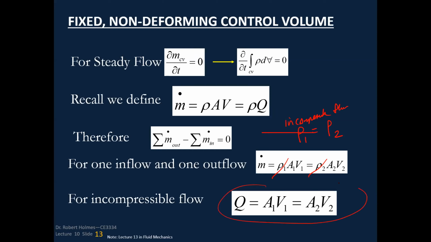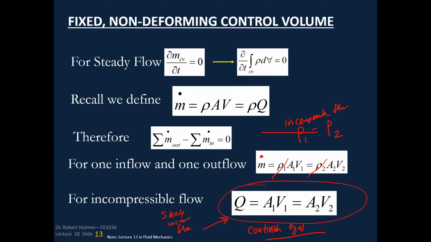And so we know that's the flow rate, and you can see that the mass flux is equal to this. We get rid of the density terms, we end up with the flow rate being equal to A1V1 equal to A2V2. So for steady, incompressible flow, we end up using this concept all the time. We call this the continuity equation.